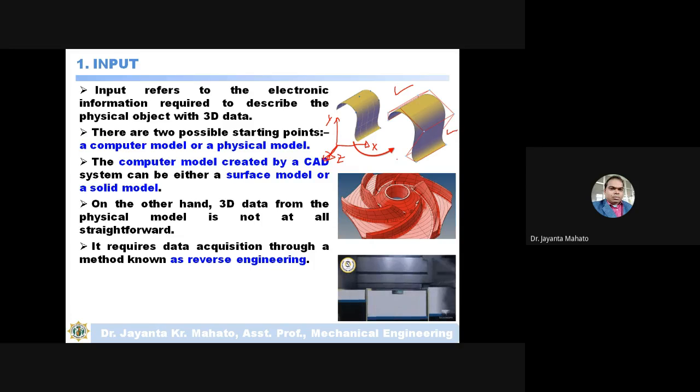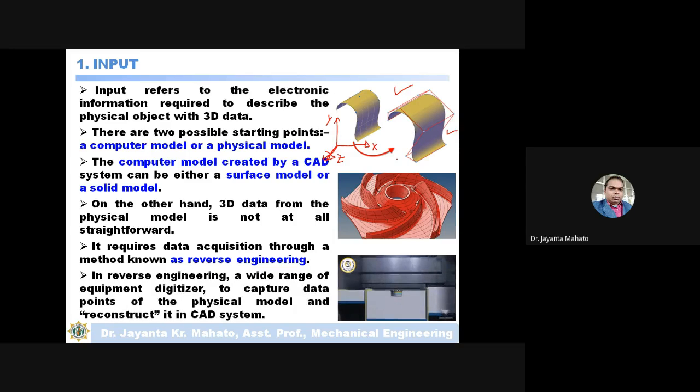Okay. In reverse engineering, a wide range of equipment, such as a digitizer, is used first to capture the data points of a physical model and reconstruct it in a CAD system.